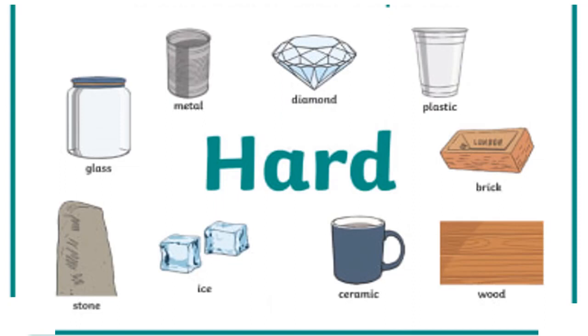Here are few examples of hard materials. Students, you can try pressing any of these materials available around you. You will find that even if you apply pressure, you will fail to change their shape and size because they are hard.